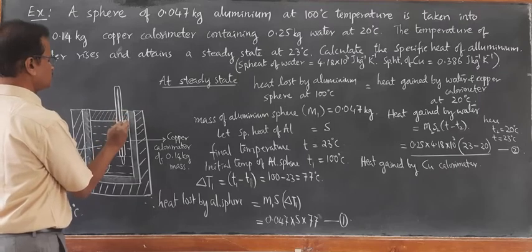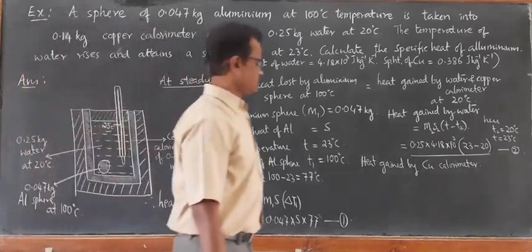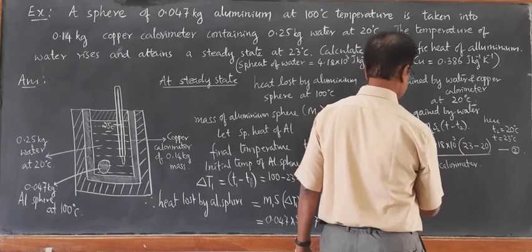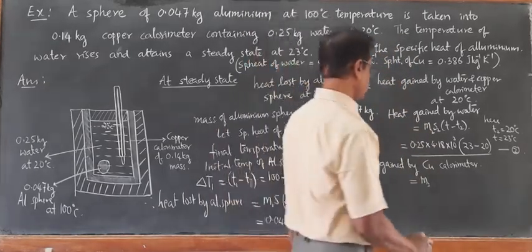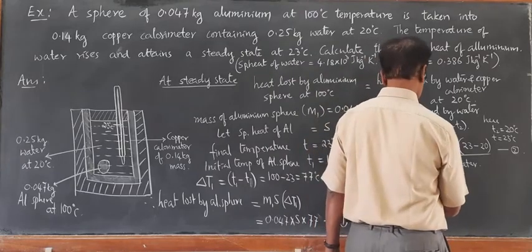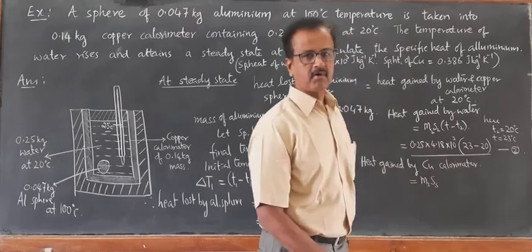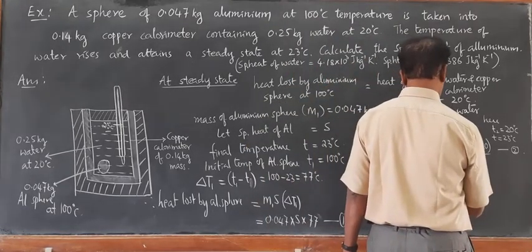The final temperature is 23 degrees Celsius at steady state. Heat gained by the copper calorimeter can again be calculated as M3, where M3 represents the mass of the copper calorimeter, into S3, the specific heat of copper, into change in temperature, again T minus T2.